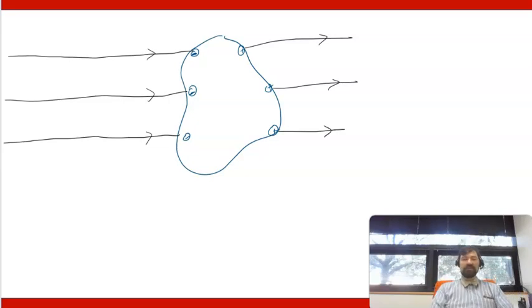And so essentially I end up with a situation that looks like this, where I have more or less the same field as I had originally outside of the conductor, but inside of the conductor I end up with E equals 0. So all of my lines that enter terminate pretty much immediately on the surface.